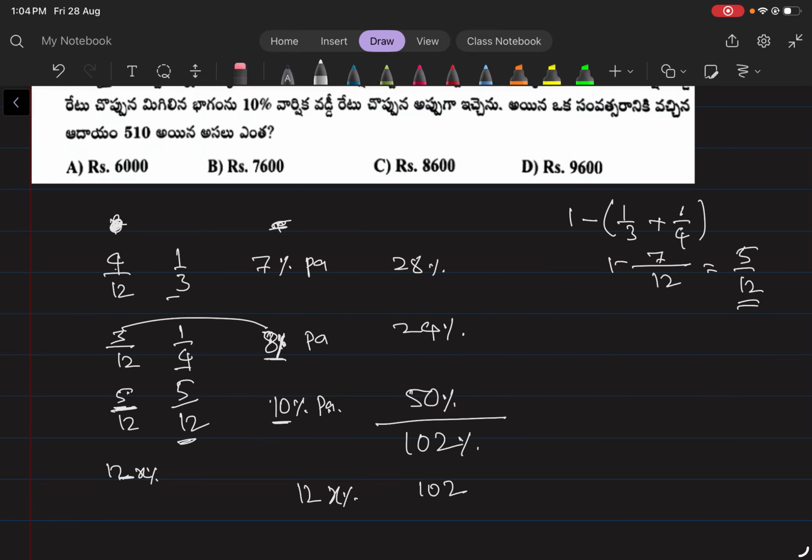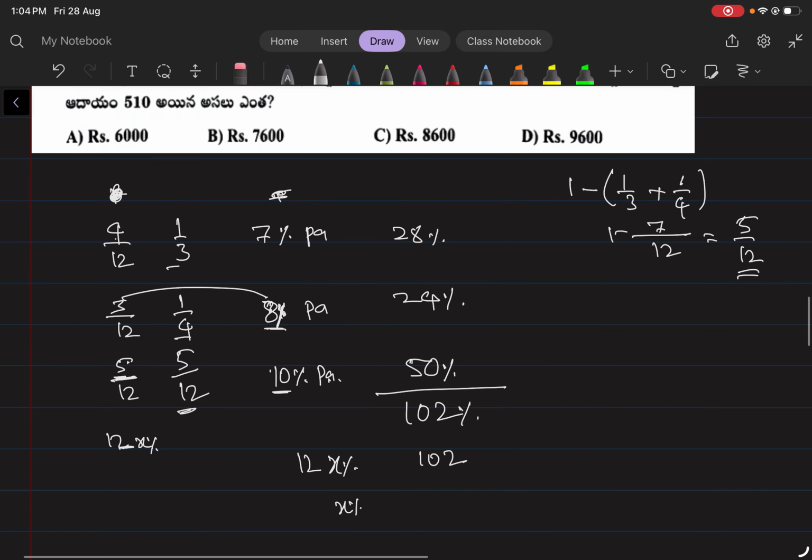So one part is how much? 102 by 12. Percentage is there, so divided by 100.